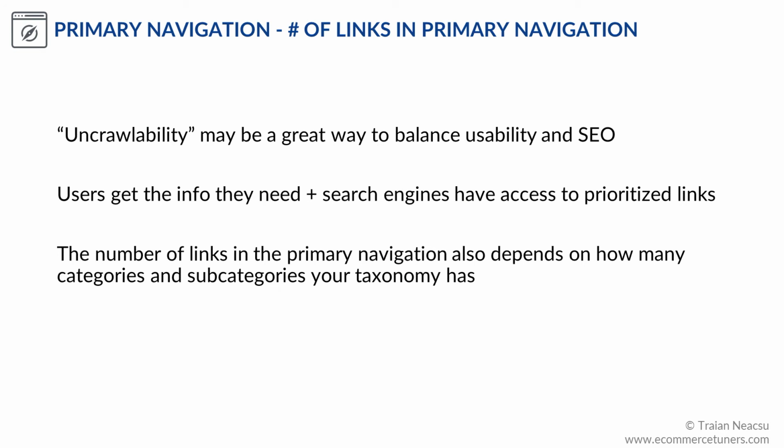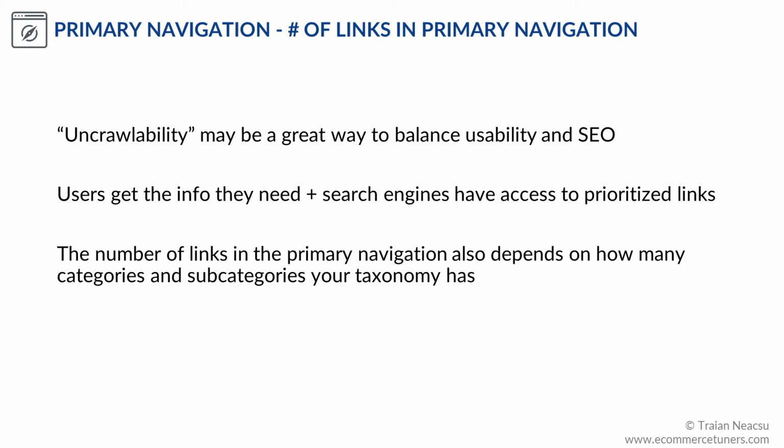Making the links uncrawlable may sound strange and against SEO common sense, but it's a great way to balance usability and SEO. Users will get the links they need, while search engines will have access to prioritized links, which will prevent wasting crawl budget. The number of links in the primary navigation also depends on how many categories and subcategories your taxonomy has.